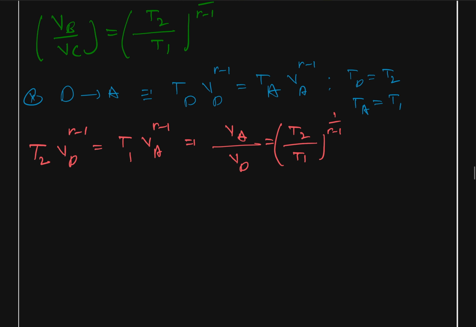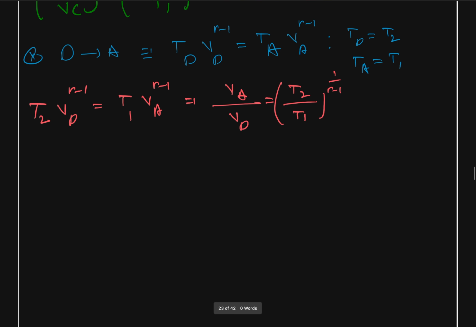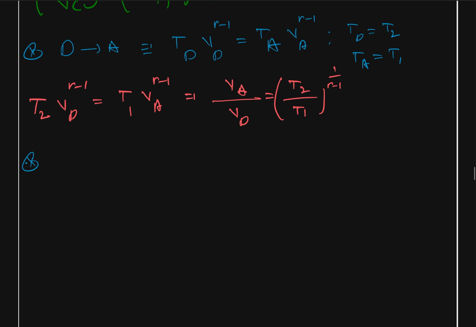So we get two equations from adiabatic, that is VB upon VC is equal to T2 upon T1, 1 upon gamma minus 1, and second we get that VA upon VD is equal to T2 upon T1, 1 upon gamma minus 1.